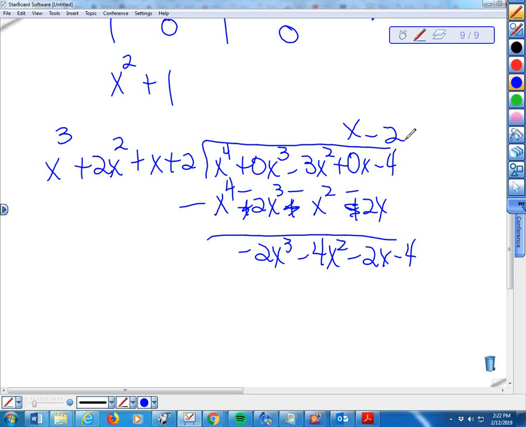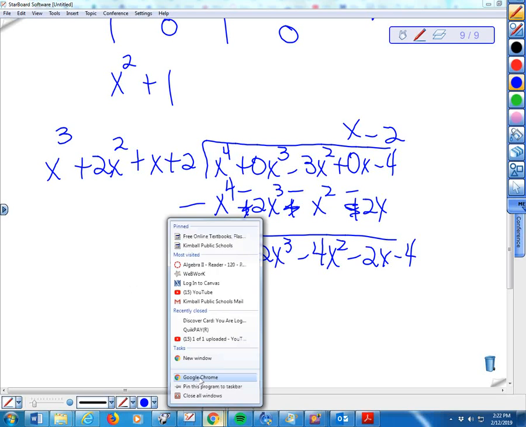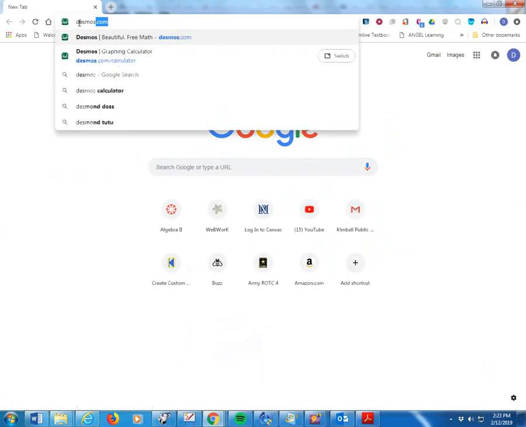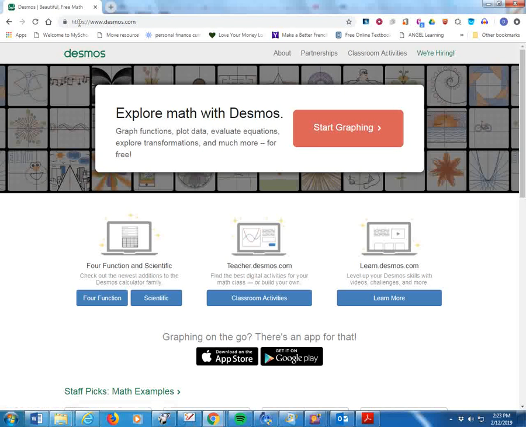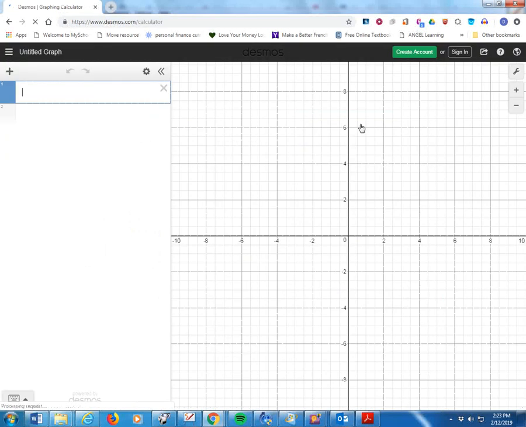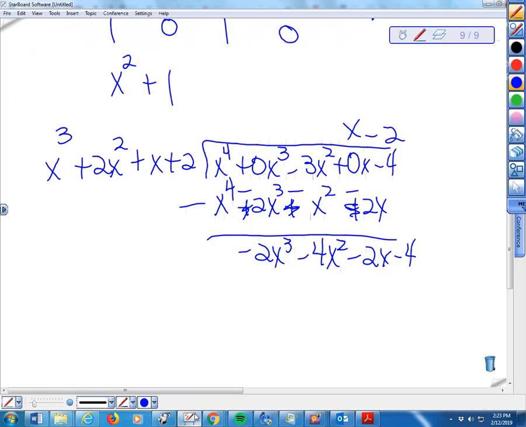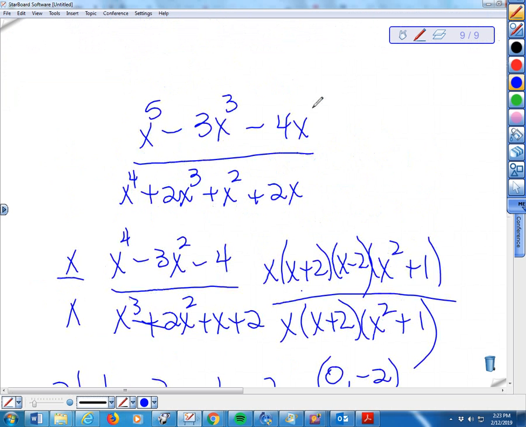So for fun, I'm going to graph this on Desmos. Let's see what it looks like. I'm going to find which problem it was. x to the fifth minus 3x cubed.